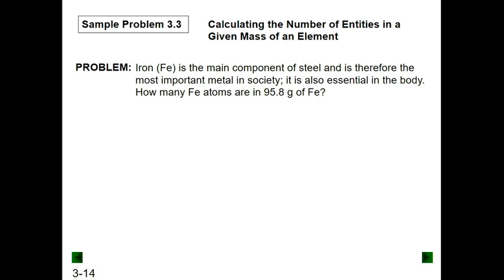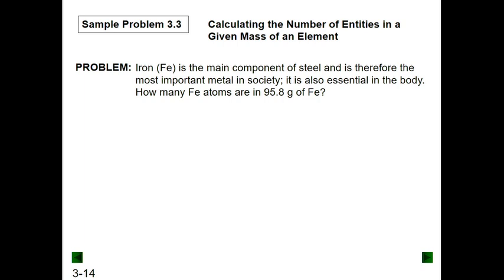If you check there, the atomic mass of iron is 55.85. So 55.85 grams of iron is 1 mole of iron. We cancel the grams and now we have moles of iron. But the problem is not asking us about moles. The problem is asking us about atoms.